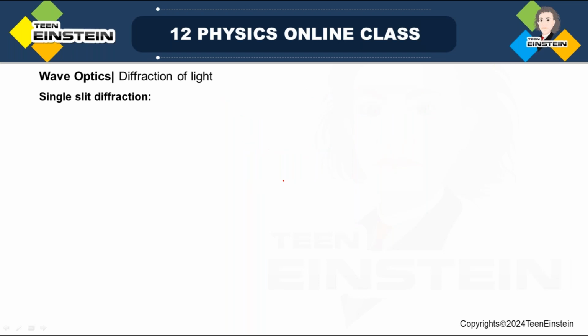So in Fraunhofer diffraction, what happens? Source and screen will be at a very large distance, actually at infinity, from the slit. I know you are familiar with the word slit because we had already discussed Young's double slit experiment.